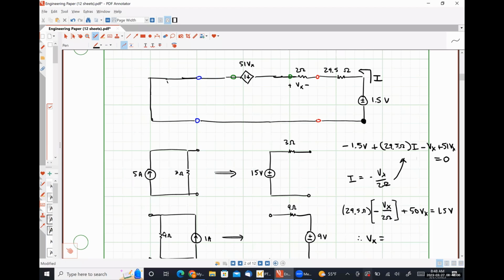And I find that Vx is 42.553 millivolts.